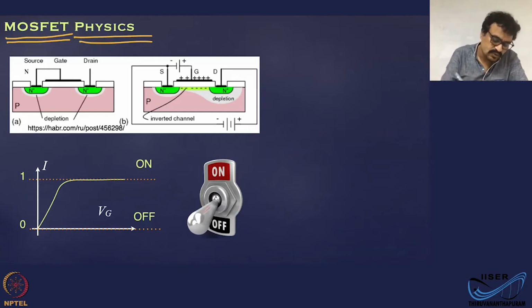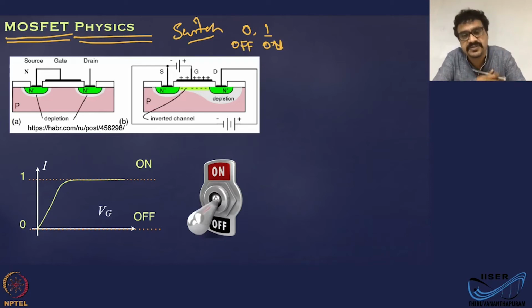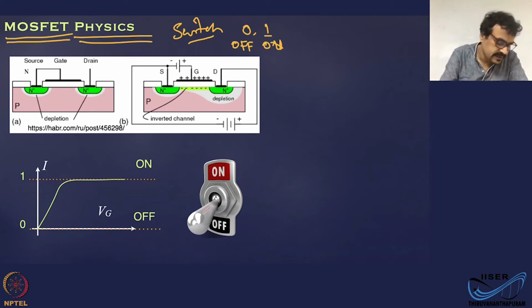MOSFET is actually a switch. It's a switch. That's all. It has two states, 0 or 1, or off or on. That's it. It has only two states. What you have here as a MOSFET is a piece of semiconductor.